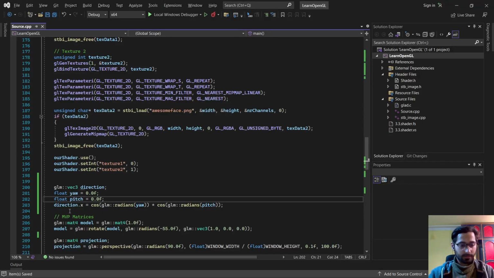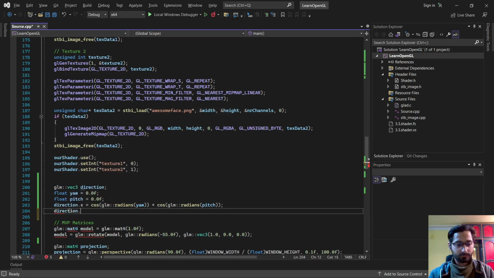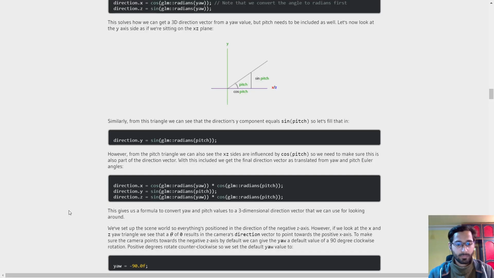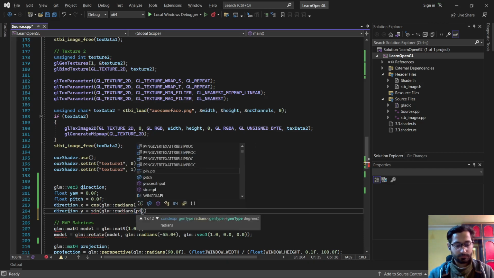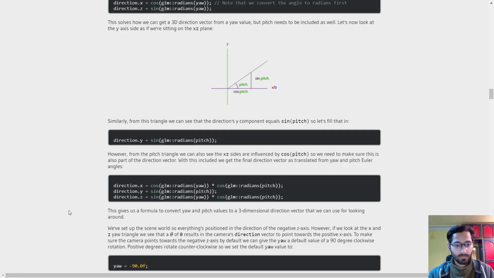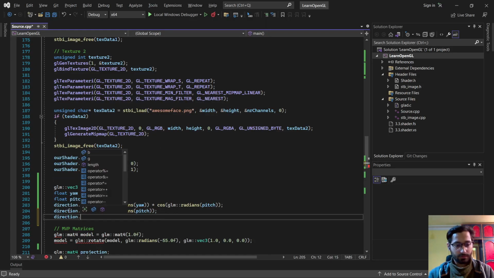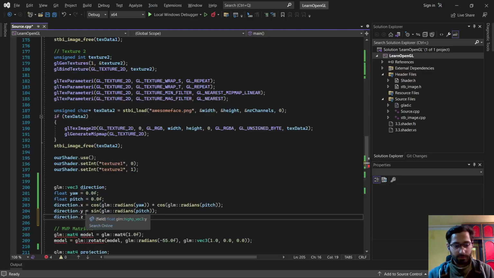Okay, set the direction dot y equal to sine of pitch, and direction dot z equals sine of yaw times cos of pitch.